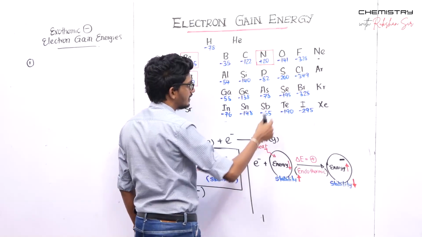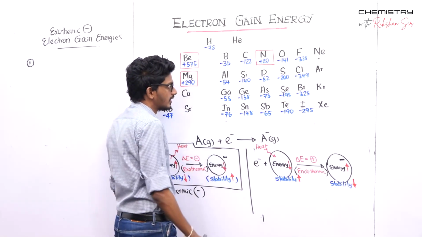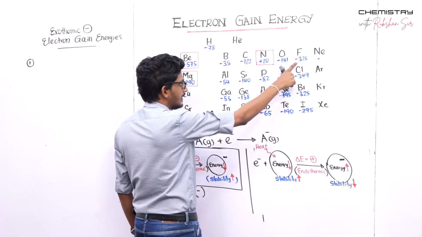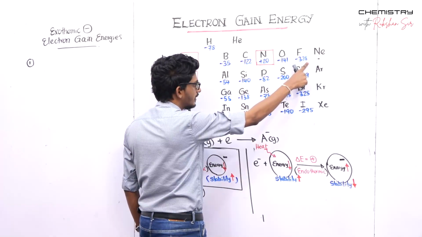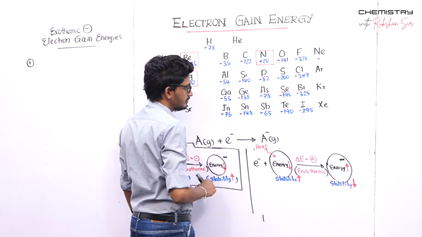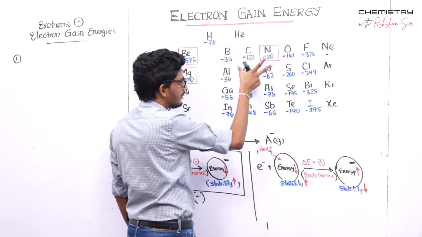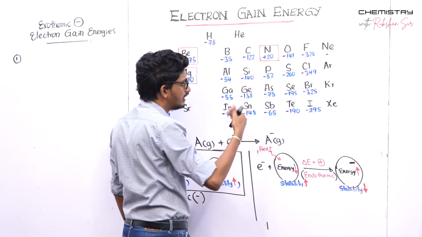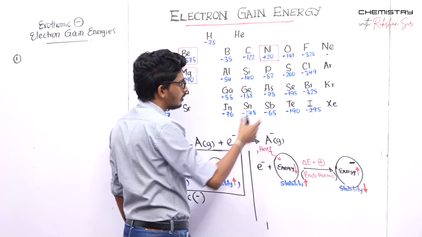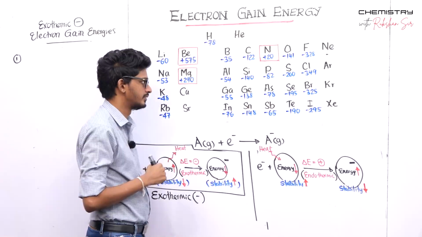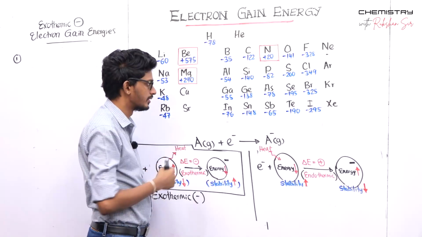These values are given in kilojoules per mole, these are energy values. 328 kilojoules per mole will be released. So the greatest exothermic, heat releasing values, are involved with group 17s. That is the first observation you see with these numbers.